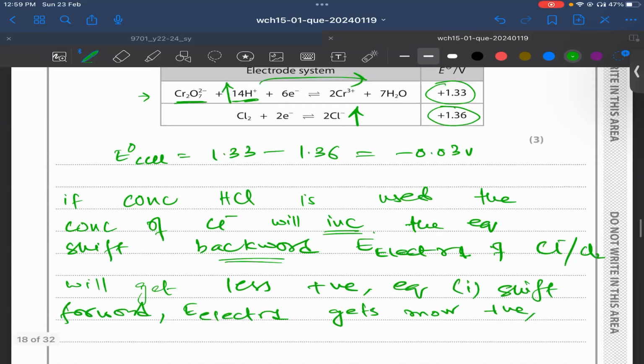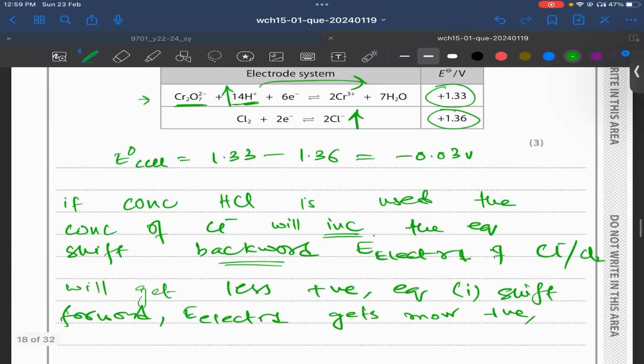So this can start acting as an oxidizing agent if we use a concentrated acid. So if we use a concentrated acid, then potassium dichromate can act as an oxidizing agent against hydrochloric acid. But the problem is we start getting chlorine in this reaction, which is a highly toxic gas.